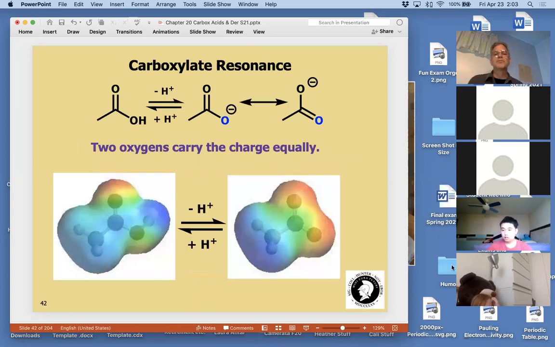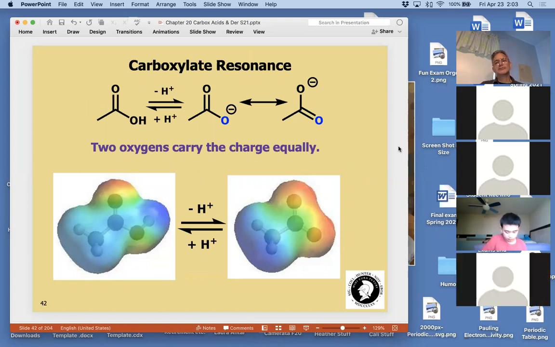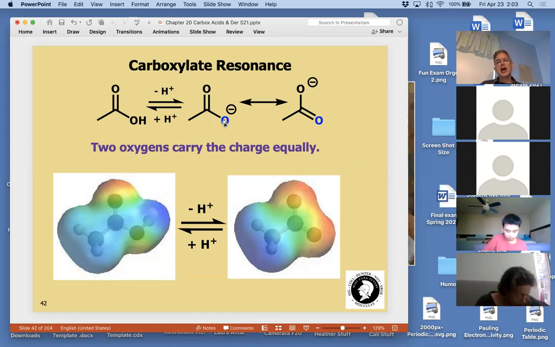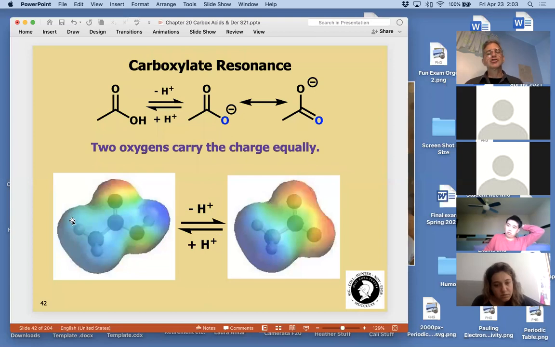Okay, so again, resonance structures. The negative charge is not on one oxygen and then the other. And here is the electron density map. So here's the carboxylic acid I showed before with the large dipole and the small dipole giving a smaller molecular dipole than ketones. And here's the carboxylate.